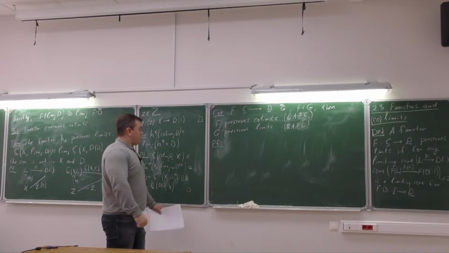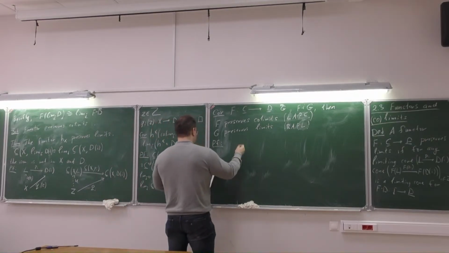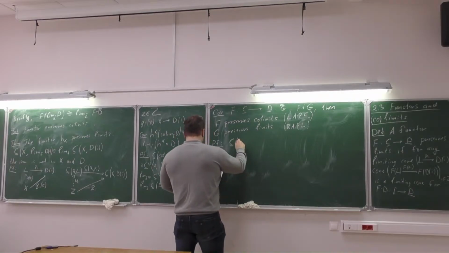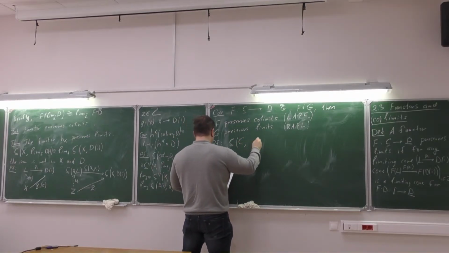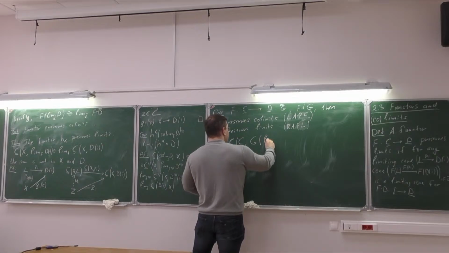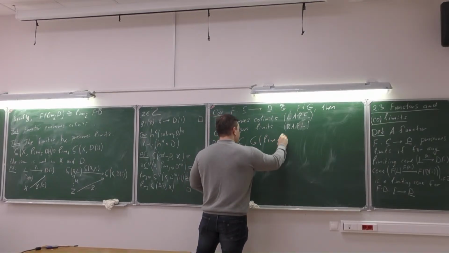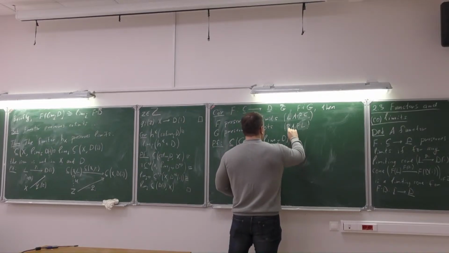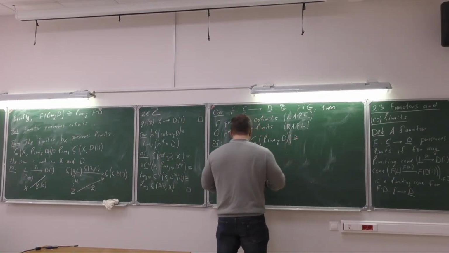Okay, the proof is formal, just a sequence of elementary computations. You look at the hom between object C and G applied to some limit. So the first thing, you use the adjunction.